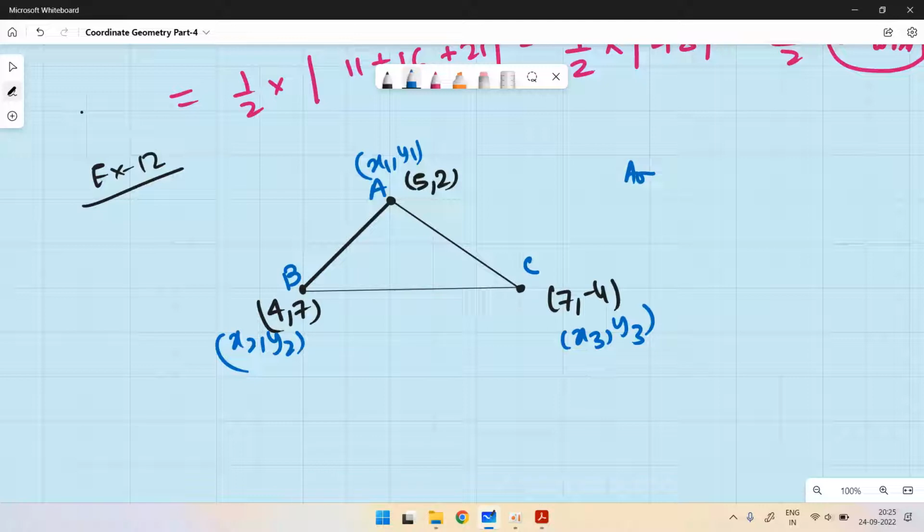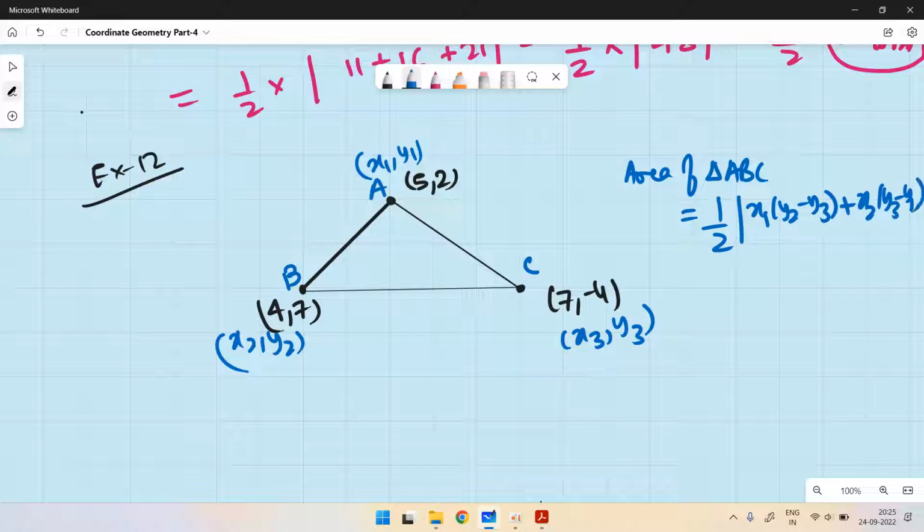So the area of triangle ABC, you all know the formula, is half mod of x1 into (y2 minus y3) plus x2 into (y3 minus y1) plus x3 into (y1 minus y2), mod.